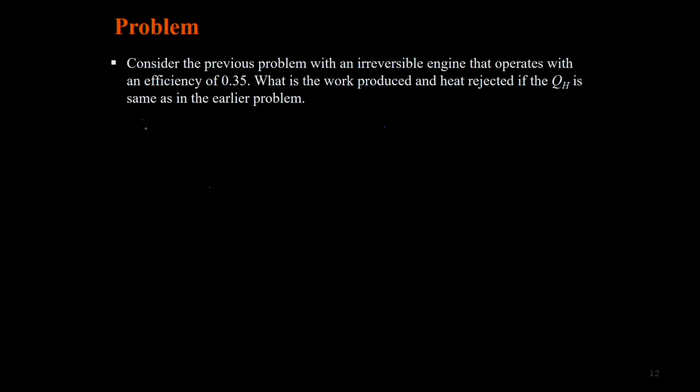So let's write that QH value since it is the same as in the previous problem. What we are given then is QH is 158.3 megajoules per second, and the efficiency this time is 0.35. If that be the case, we want to calculate QC and W. It's again a pretty straightforward application of what we have seen so far.